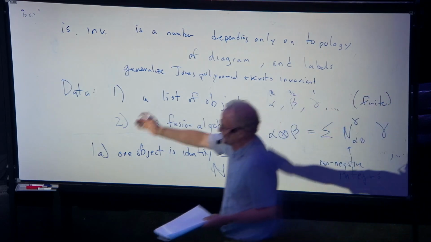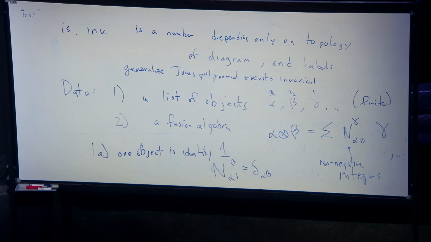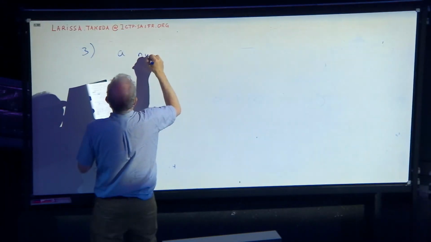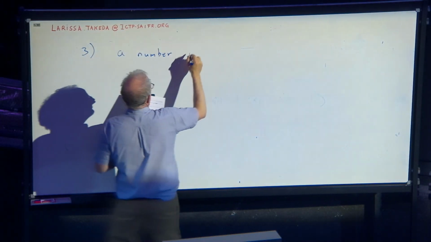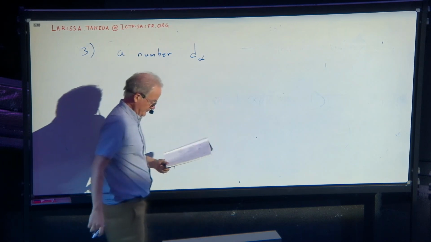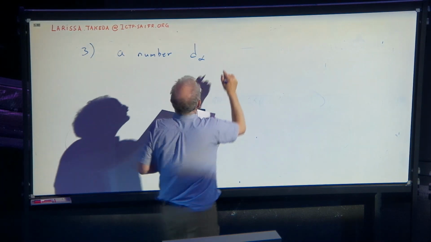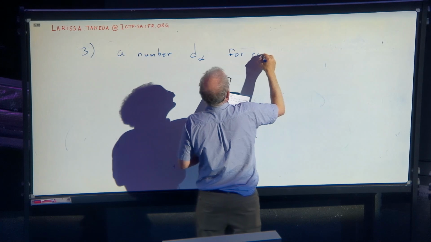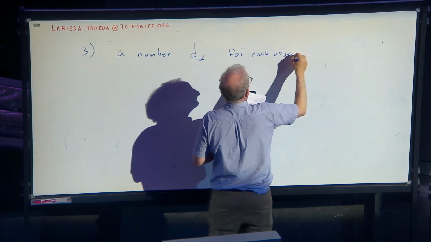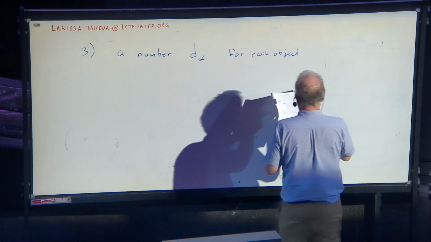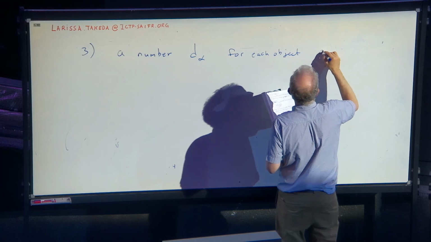So when you fuse with the identity, you just get back what you had to begin with. Okay, so the third thing you need, now here's where it gets, so that's the definition. You've got this algebra, a bunch of objects and an algebra, and I'll give you examples, so don't worry if this seems too abstract. With each object, you have a number d alpha, and this is called the quantum dimension.